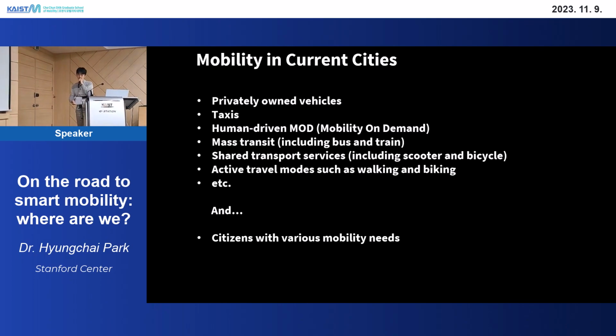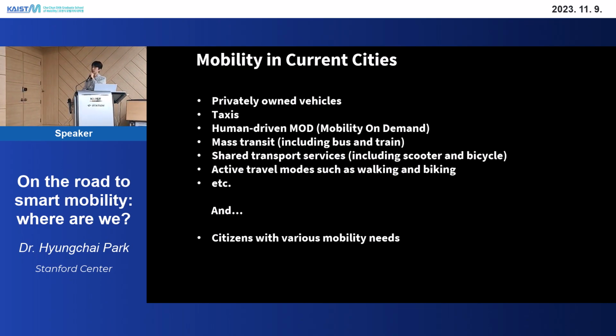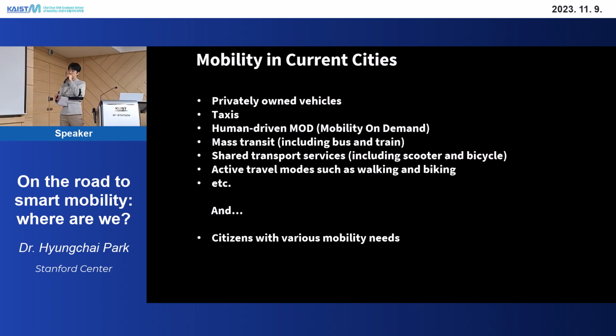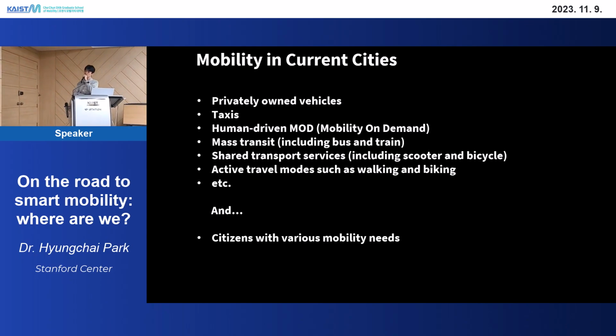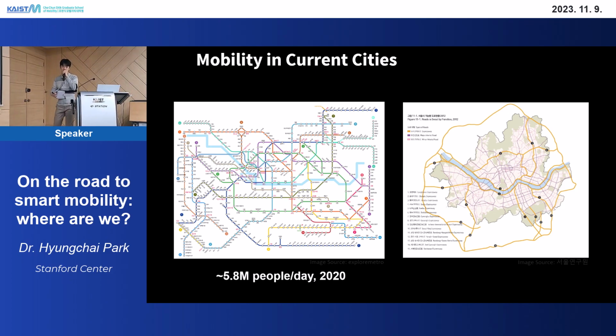By combining these various transportation modes, each citizen moves around the city to satisfy their mobility needs. For example, people were successful in building a mobility system that is kind of working.